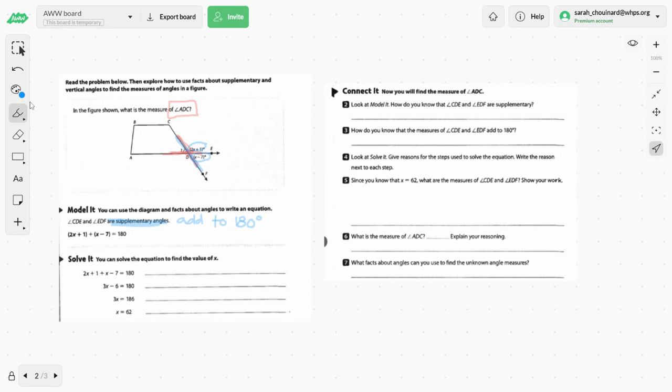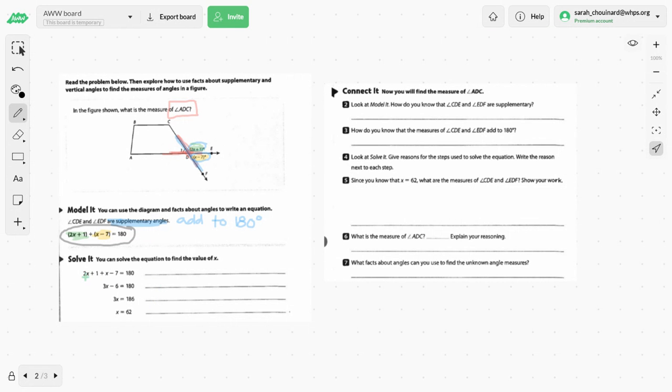So this person, since they were supplementary, said, okay, well, let's take this angle, 2x plus 1, and let's add it to this angle, x minus 7. And since they're supplementary, they should add up to 180 degrees. So that's where this entire equation comes from. So now they want us to solve for x in this equation, and they want us to explain the steps.